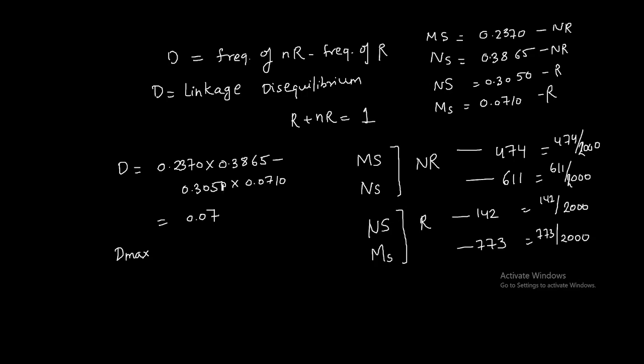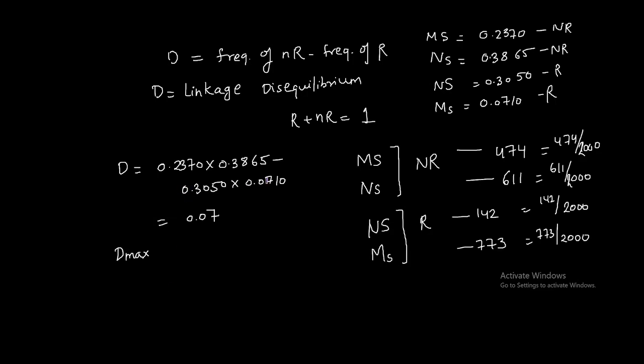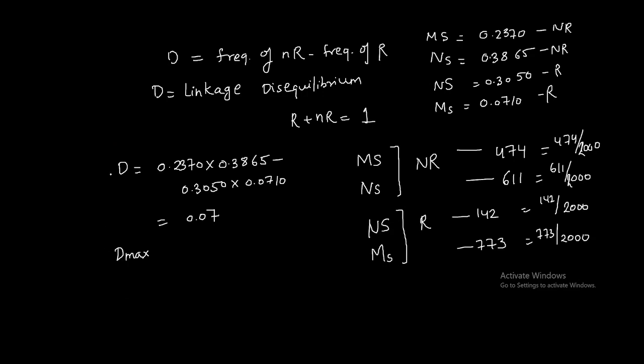If this is going to be very less, then in that case D is going to be high. You can simply understand this by the math. For example, if I say D is like 0.5 and this is like 0.1, then this value is going to come to 0.4.